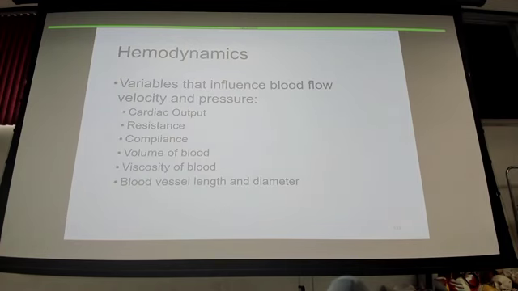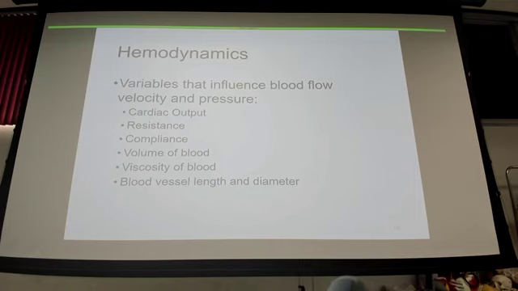Okay. So, other variables that influence blood flow, because it isn't that simple, because why would it be? Cardiac output, so the physical amount of fluid being ejected. Resistance, systemic vascular resistance, vasoconstriction, vasodilation, hemoconcentration, other fluid things that create higher resistance, radius of the tube, length of the tube, everything we just talked about.